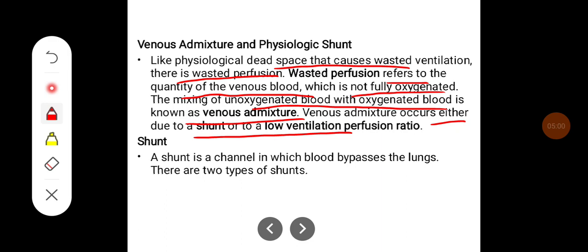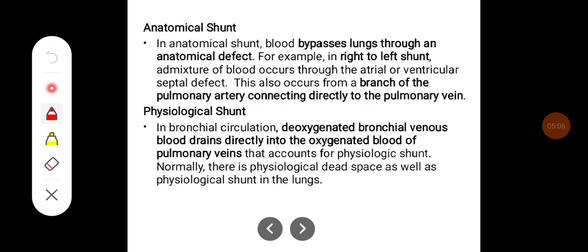Shunt is nothing but a channel in which blood bypasses the lungs. There are two types of shunts. One is anatomical shunt and the other is physiological shunt. In anatomical shunt, blood bypasses the lungs through an anatomical defect. For example, in right to left shunt, admixture of blood occurs through the atrial or ventricular septal defect, as it occurs in ASD or VSD.